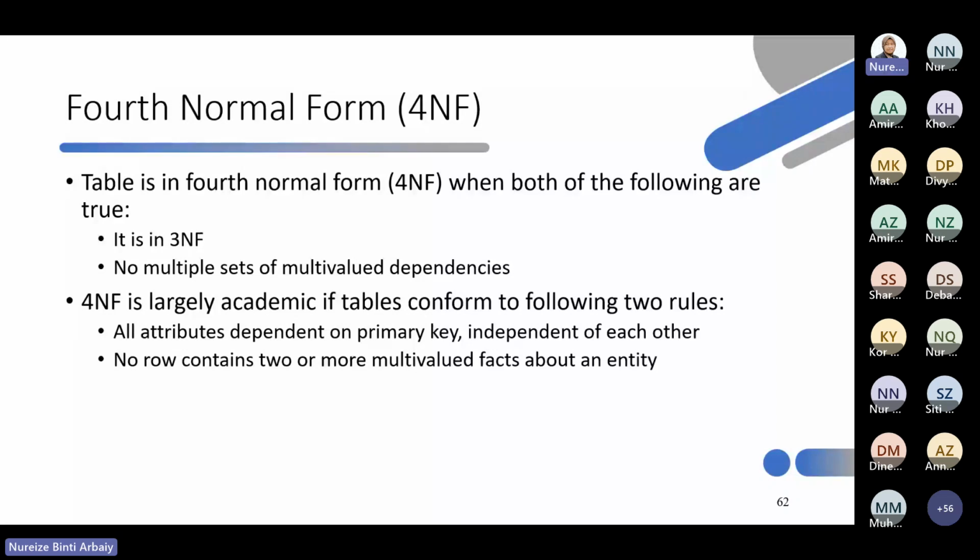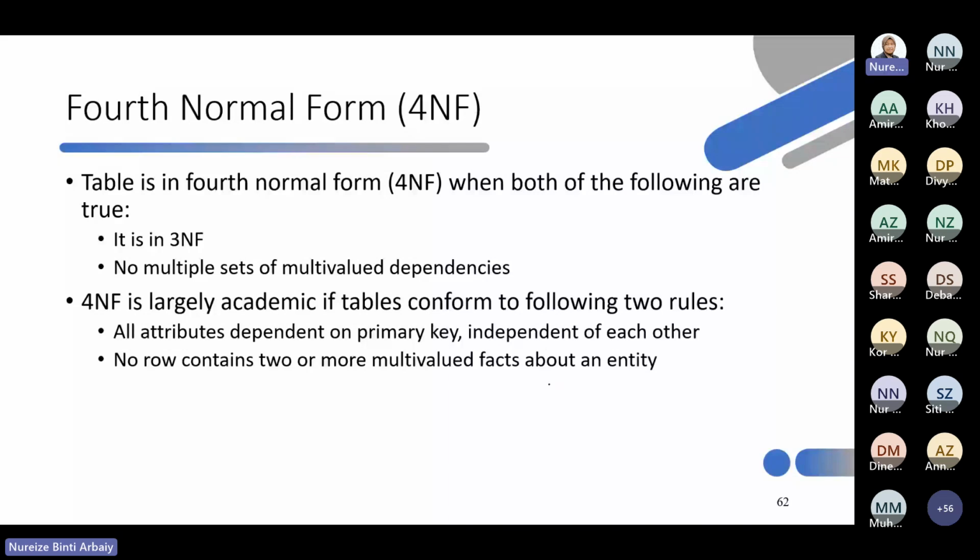But then I would summarize again what you learned today. This is unnormalized form.